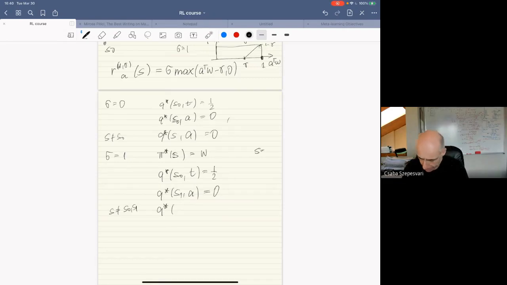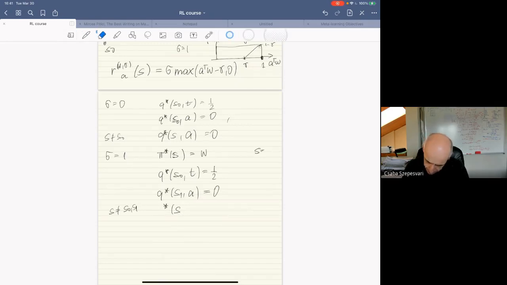But if you take any other state, okay, I guess we have to calculate. You take some action, then you get the reward of the action plus gamma times... Oh, I just wanted to write V star. So let me just finish it by writing what V star is.